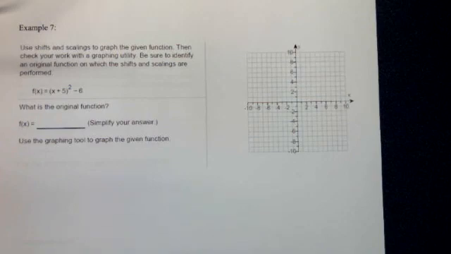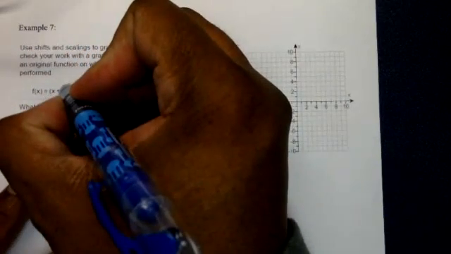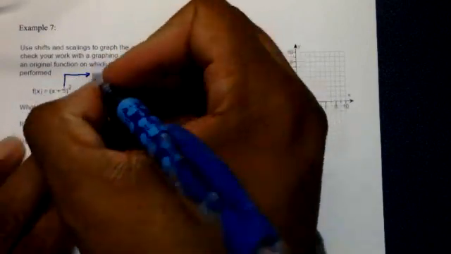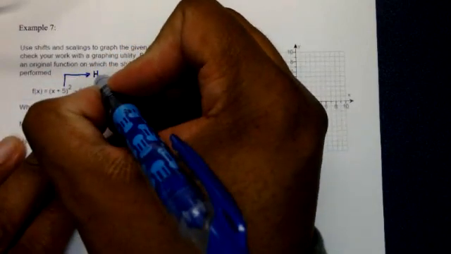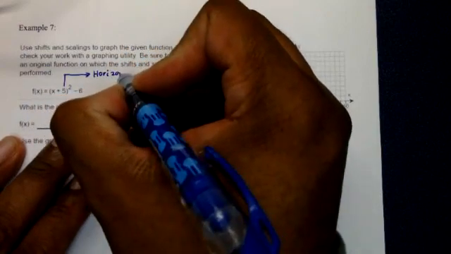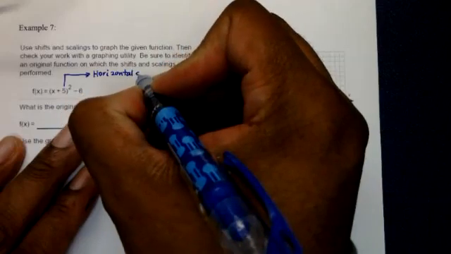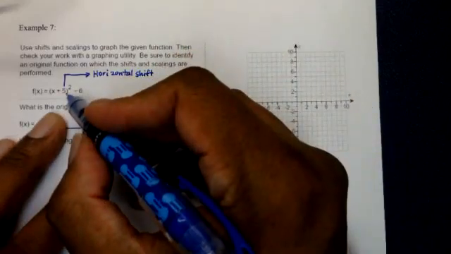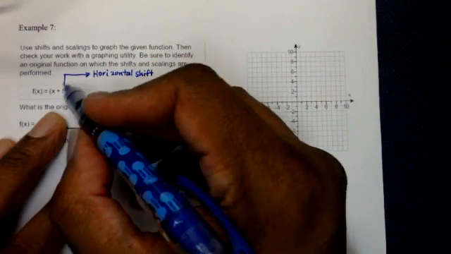All right, notice here, I do see a plus 5 after the x. Here we have what they call a horizontal shift. In this case, it says plus 5. We do the opposite.